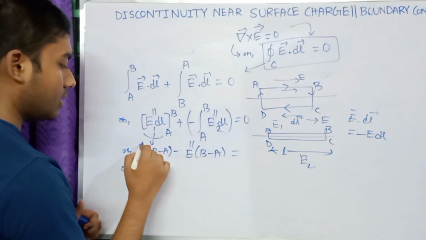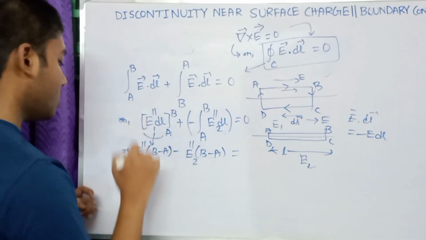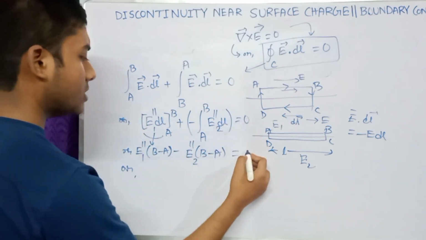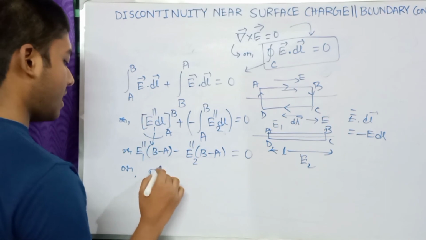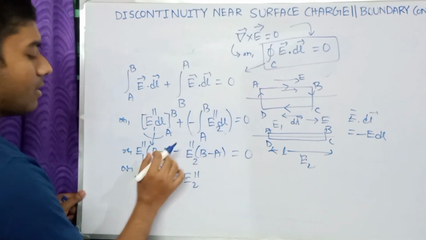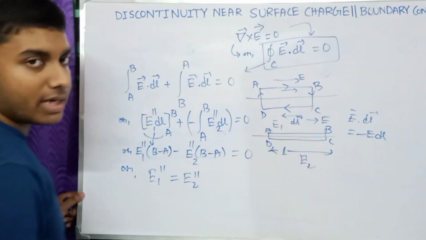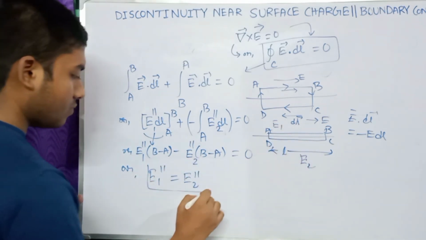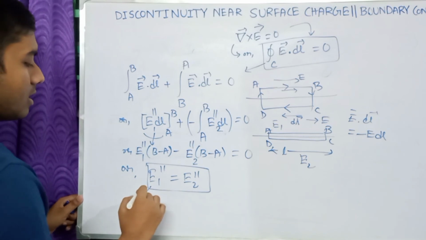So this is 1, this is 2, and this will be equal to 0. That means E1 parallel is equal to E2 parallel, as B minus A, or L, cannot be 0. So this will be our conclusion.